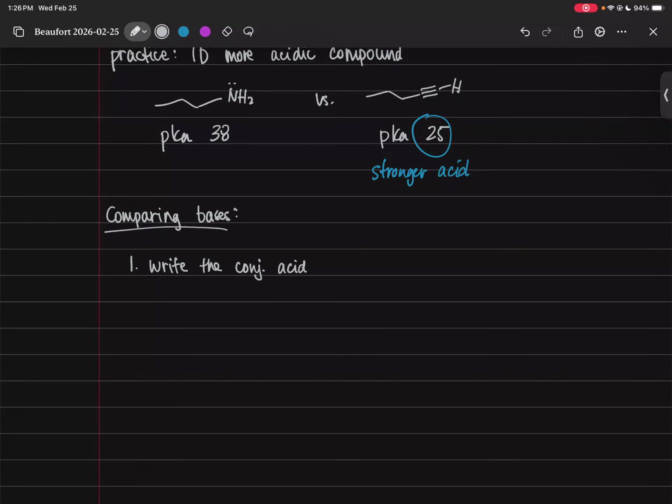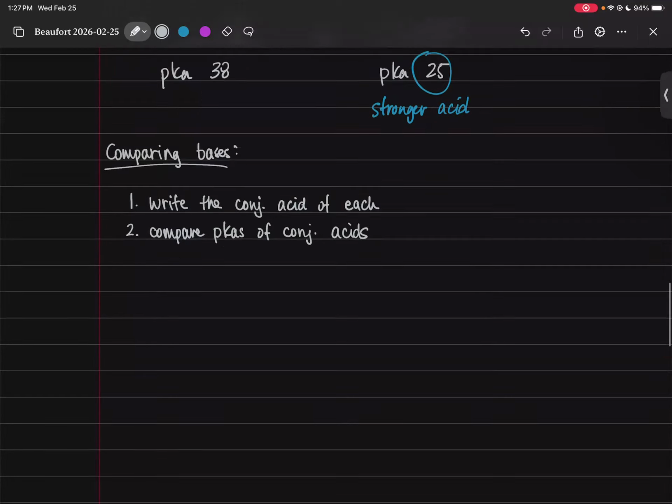write the conjugate acid of each base. Then we look those acids up in the pKa table or approximate them in the pKa table, and compare their pKa's.